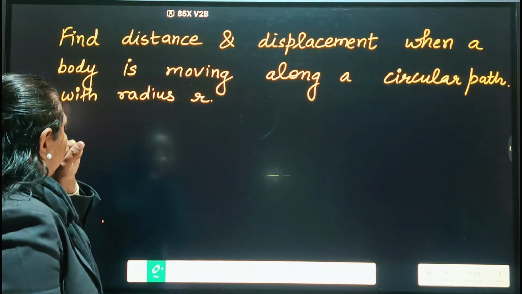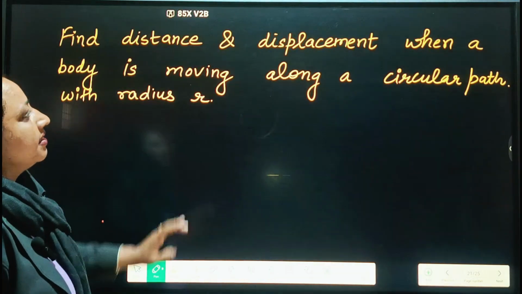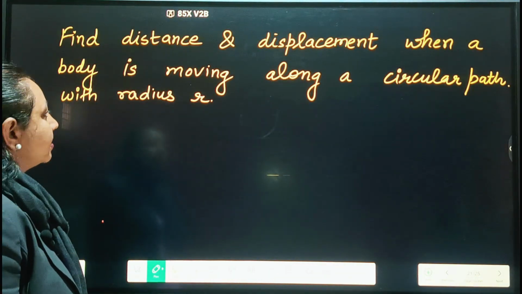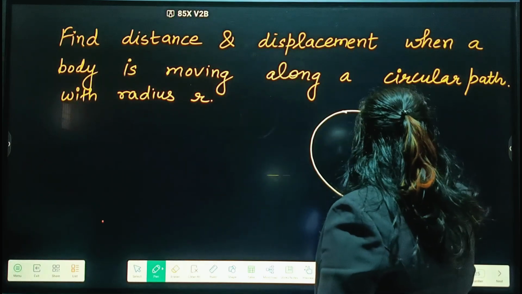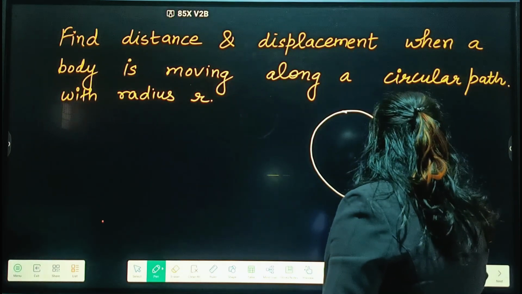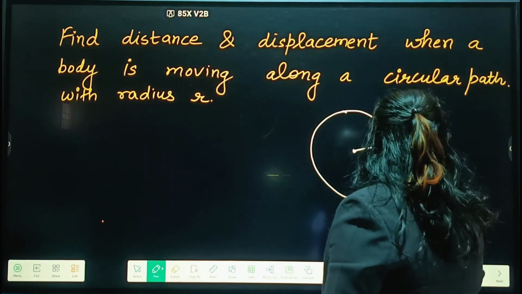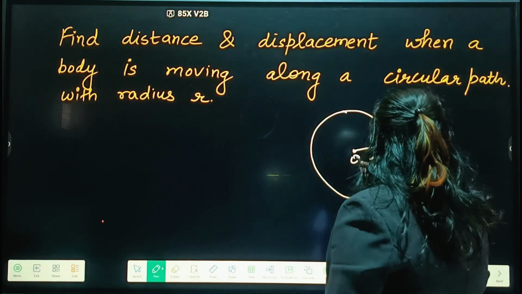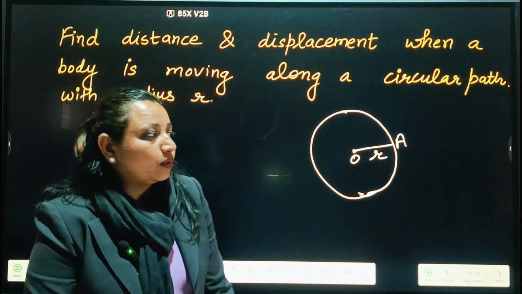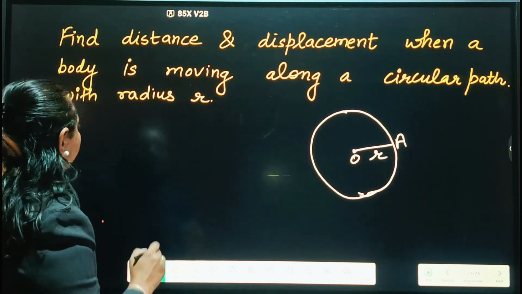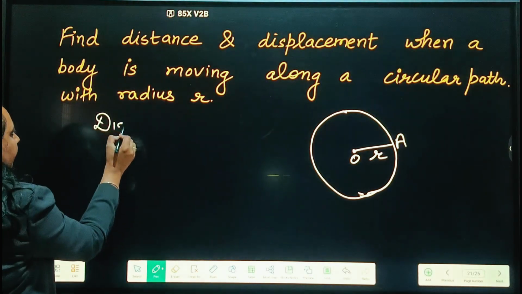Next, find distance and displacement when a body is moving along a circular path with radius r. This is a circular path covered by the object with r radius. So what is the value of distance and displacement?